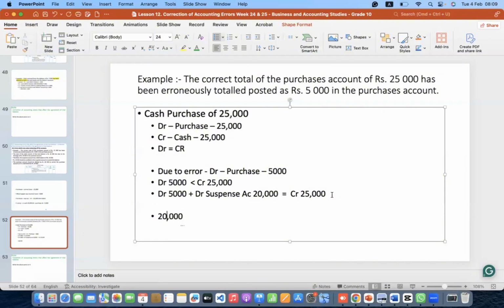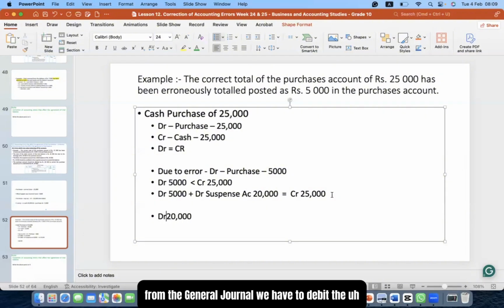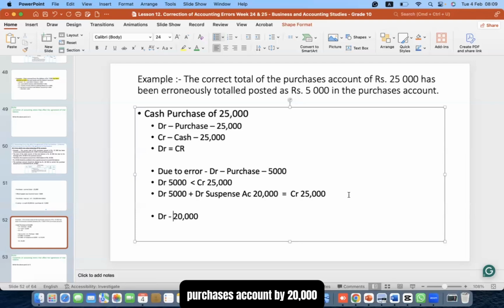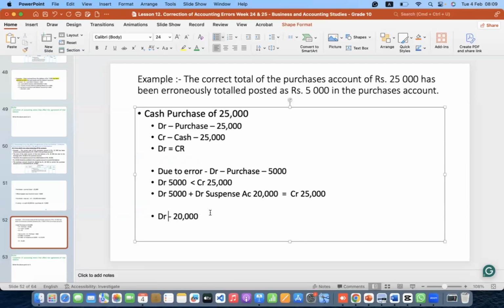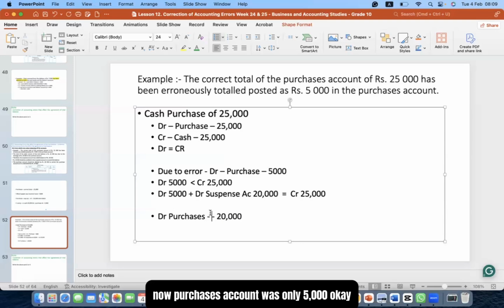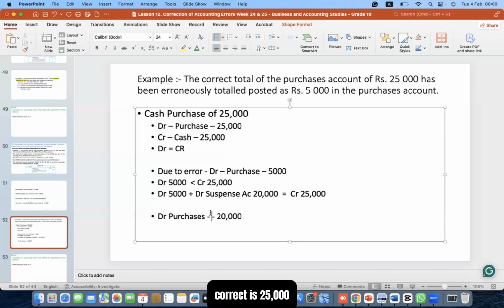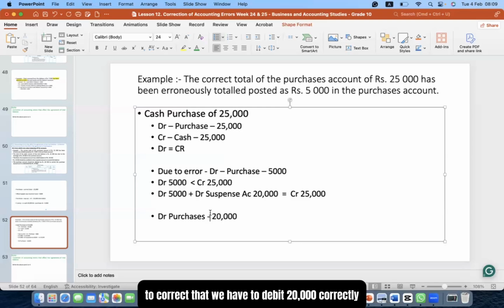From the general journal, we have to debit the purchases account by 20,000. Now the purchases account was only 5,000. The correct figure is 25,000. To correct that, we have to debit 20,000.